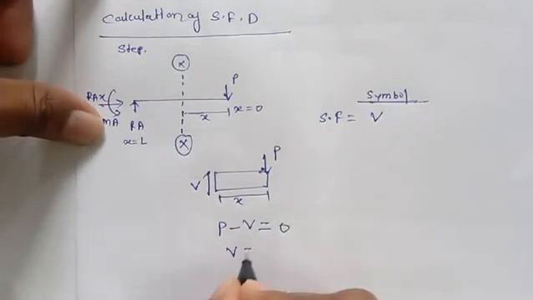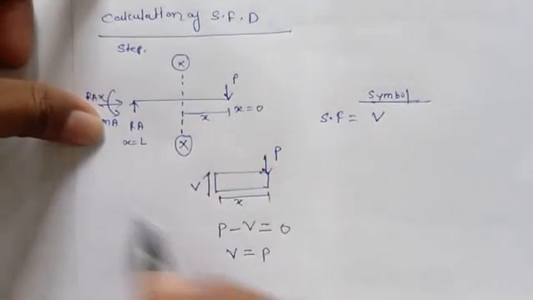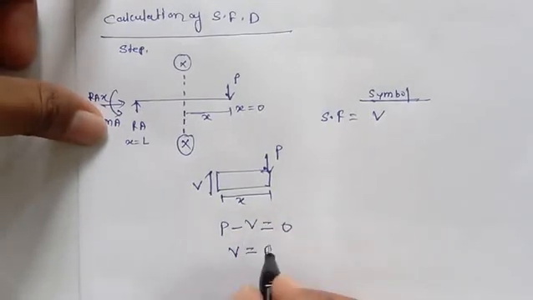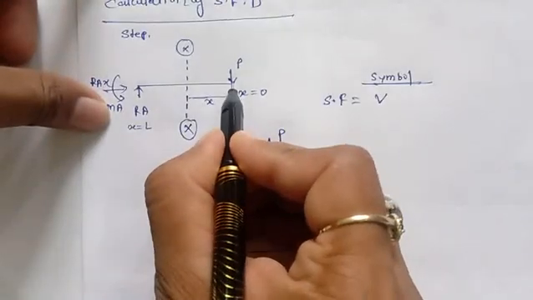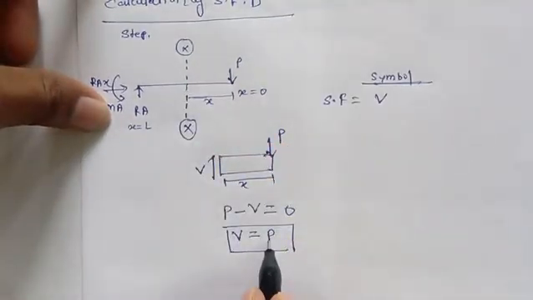So V is equal to P up to a section A, which means up to here the shear force will be P.